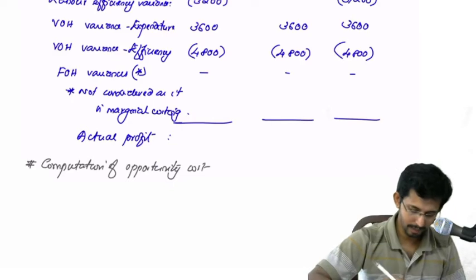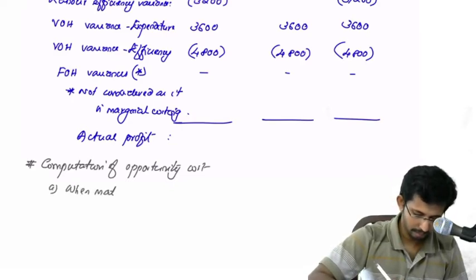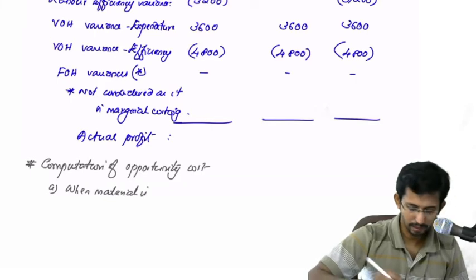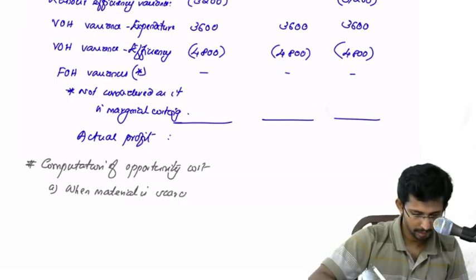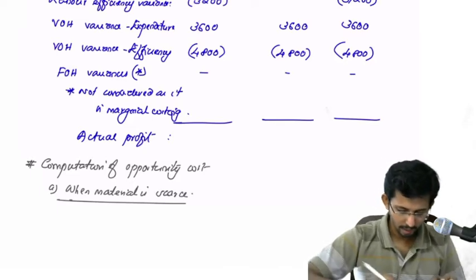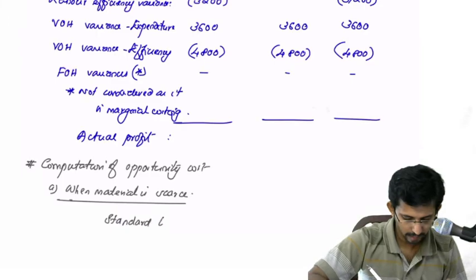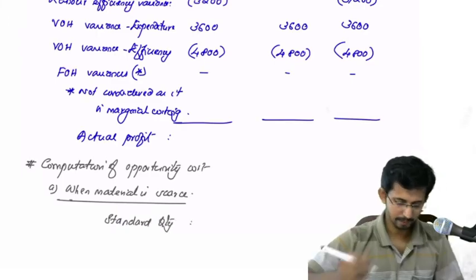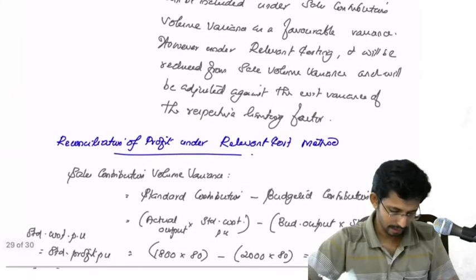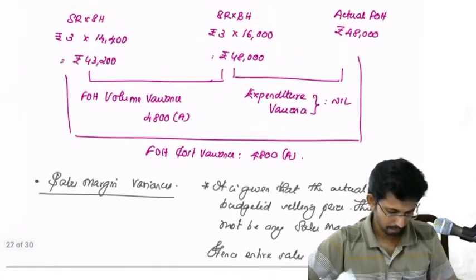So you can write the heading computation of opportunity cost. Under that, A, when material is scarce. Okay, when material is scarce, what is the standard quantity? We have already computed standard quantity.